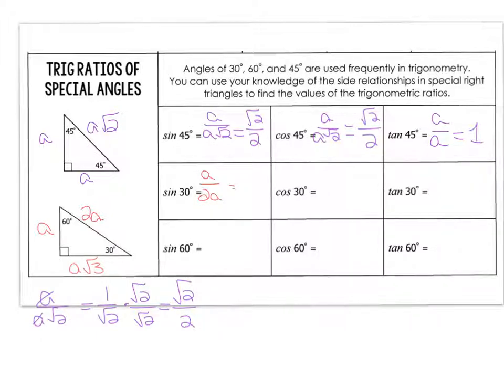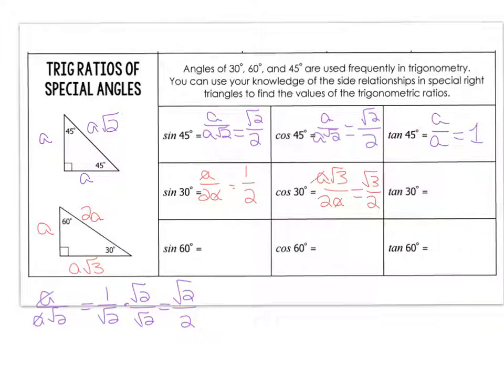Well, this simplifies pretty easily. Those cancel and we get 1/2. So the sine of 30 degrees is 1/2. The cosine of 30 degrees is going to be the adjacent, which is A root 3, over the hypotenuse, which is 2A. My A's cancel, and I end up with root 3 over 2. So the cosine of 30 degrees is root 3 over 2.